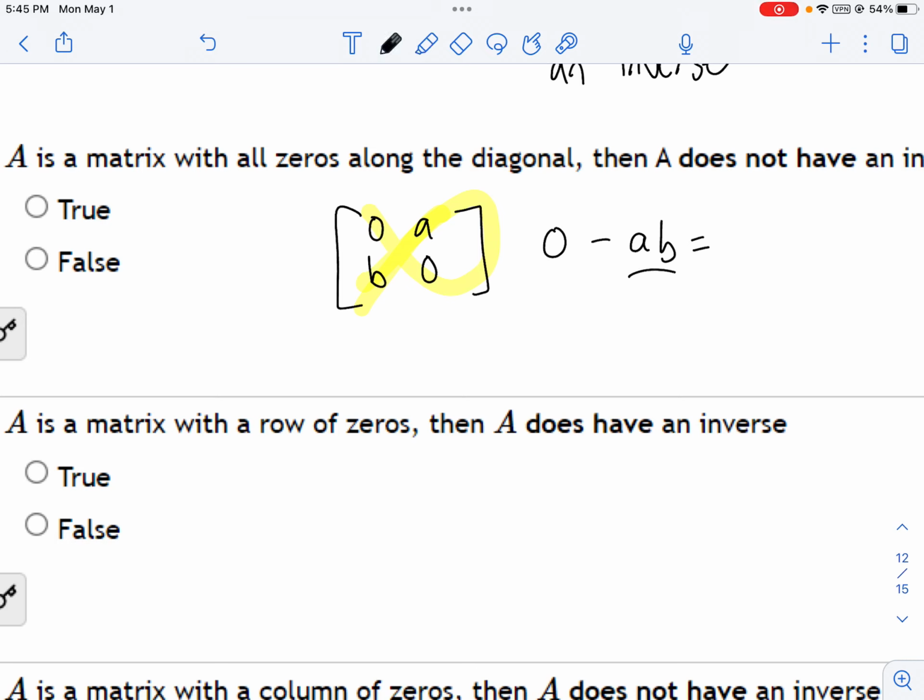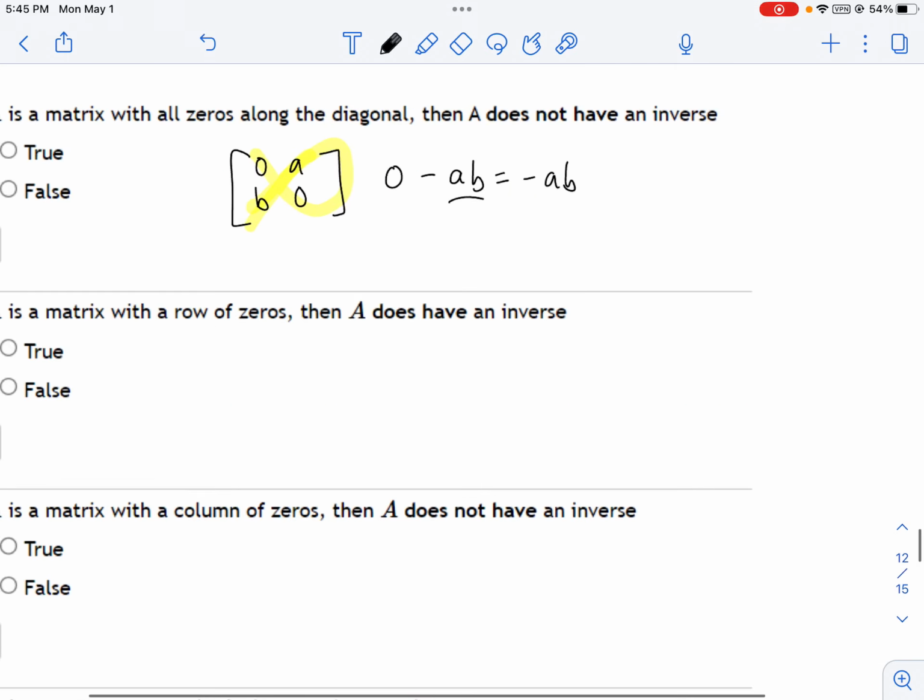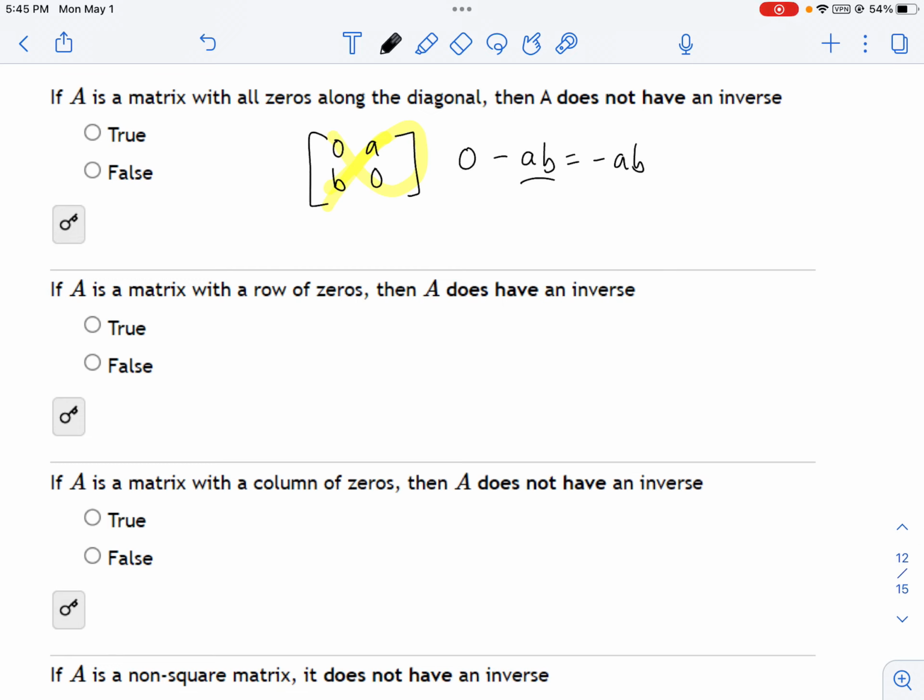But if a and b are non-zero, that means negative ab, right? That number would not be 0 and the inverse will exist. So if it has all zeros along the diagonal, then it does not have an inverse. That is false.